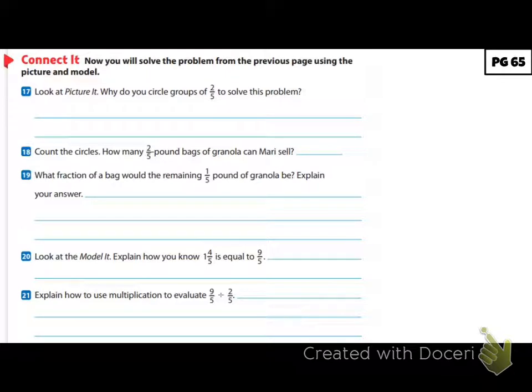Top of page 65. 17. Picture it on the previous page. Why do you circle groups of 2/5 to solve this problem? Well, because Mari divided the granola into 2/5 pound bags. Mari wanted 2/5 pound bags.